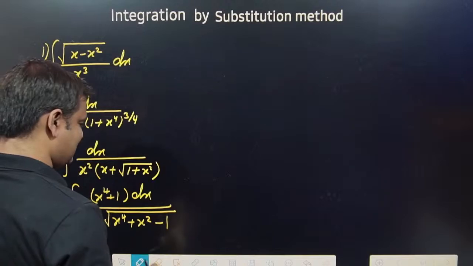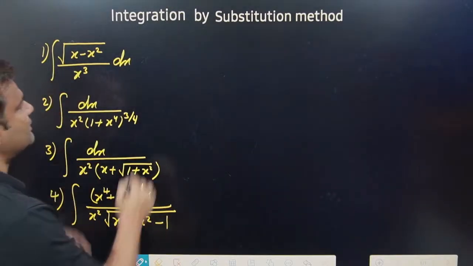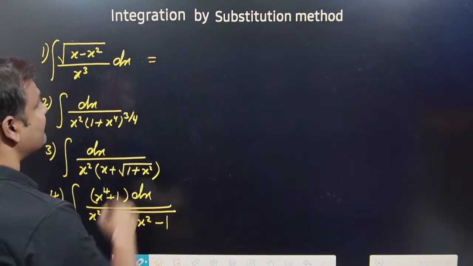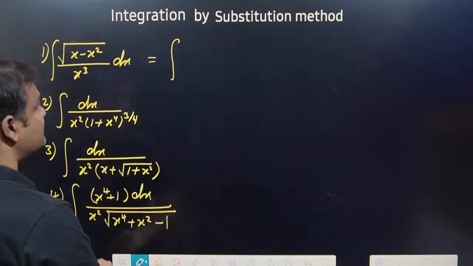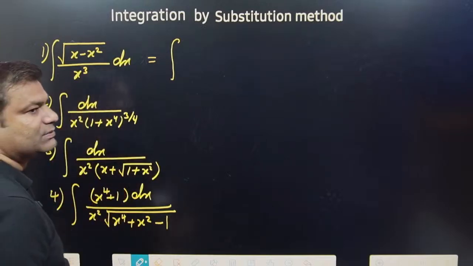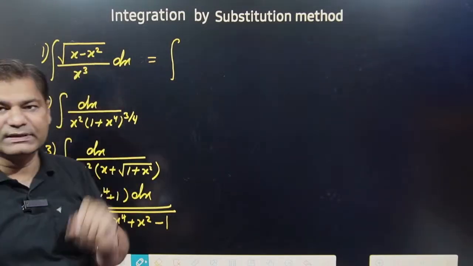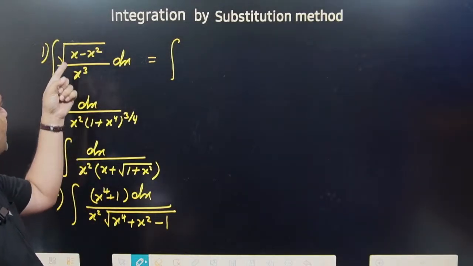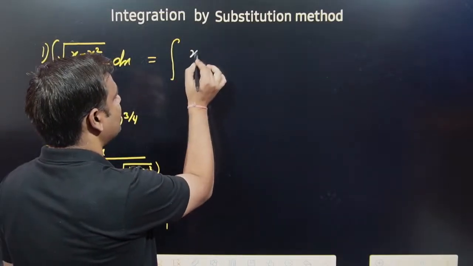Look, question number 1, how can we do it? Look here. Integration of square root of x minus x square upon x cube dx. Look, if x square is common, then that becomes 1 by x minus 1.